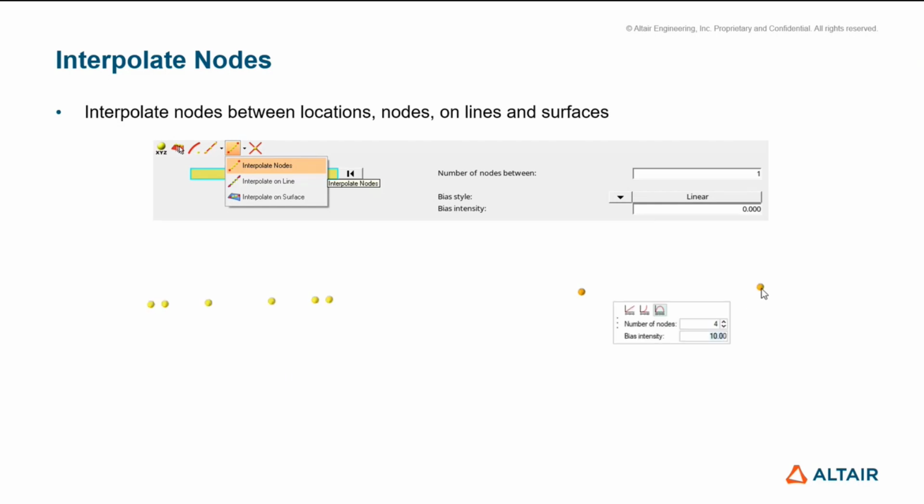So it is very easy for the users to just select the style, enter the number of nodes and enter the bias intensity. Based on the bias intensity is how it will affect the linear distribution or exponential and so on.